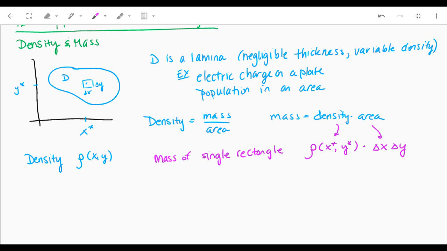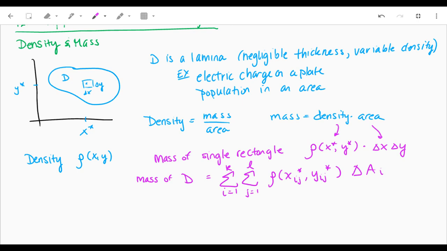Okay, if we want the mass of the entire thing, then we could sum all of the different rectangles together.